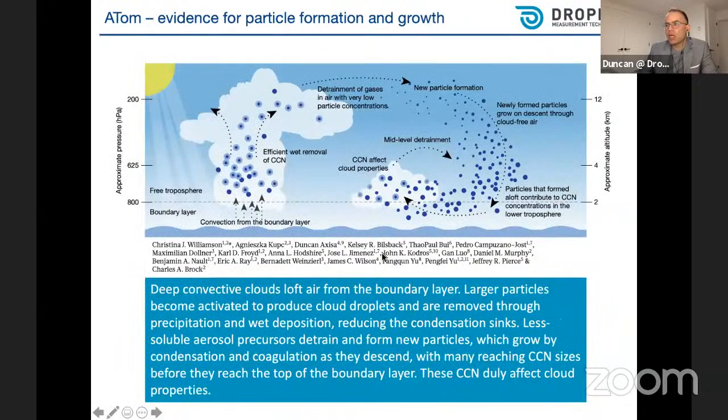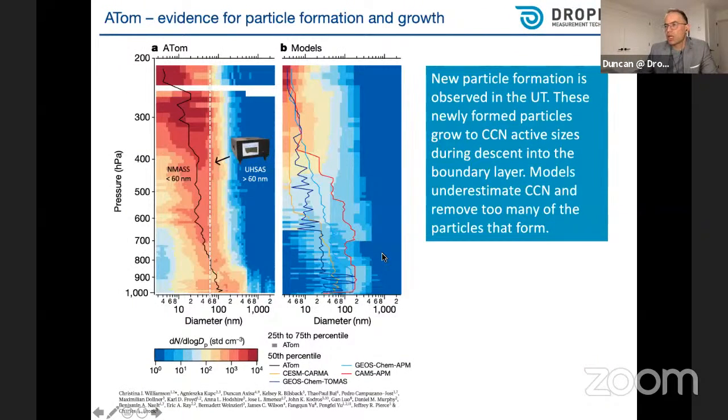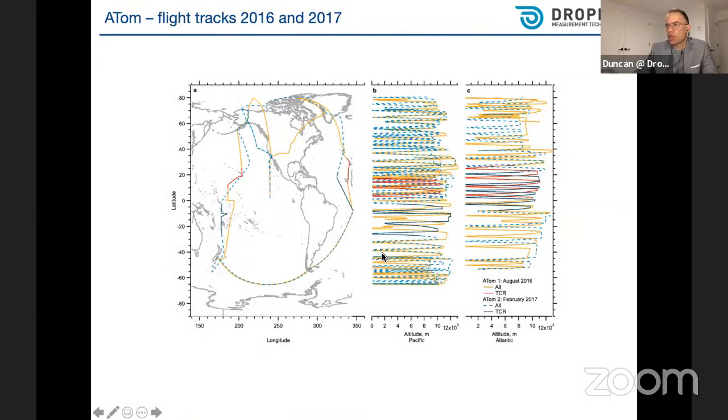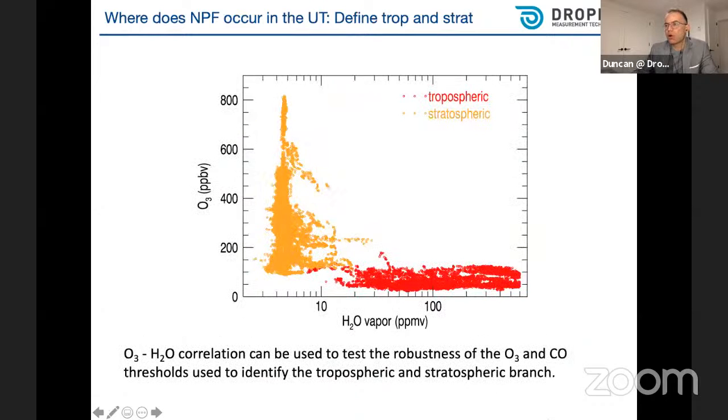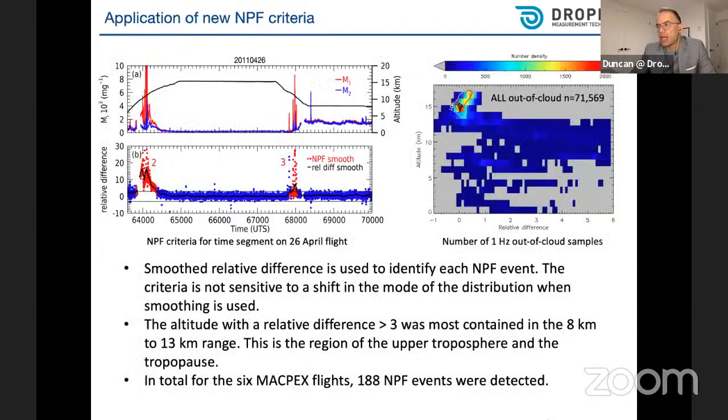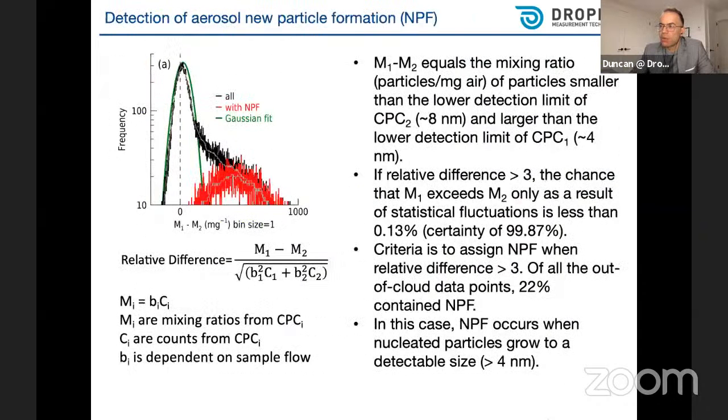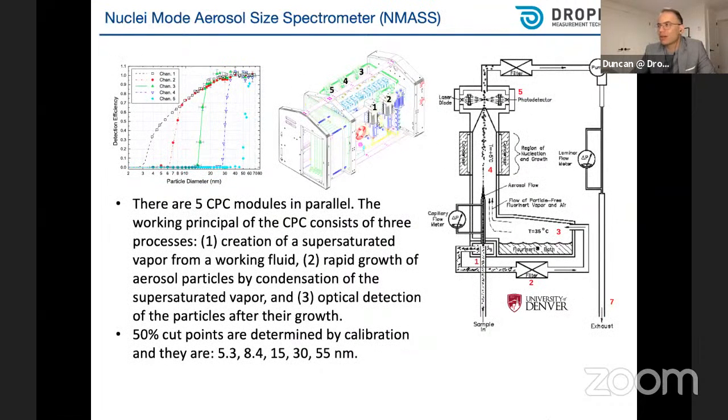So let me answer the first question. The CO, we did measure CO. So CO was measured, sulfur dioxide, SO2, was not. And the reason for that was the instrument works very well in the lower atmosphere, in the free troposphere, but in the upper troposphere, this is a very challenging measurement to be made.